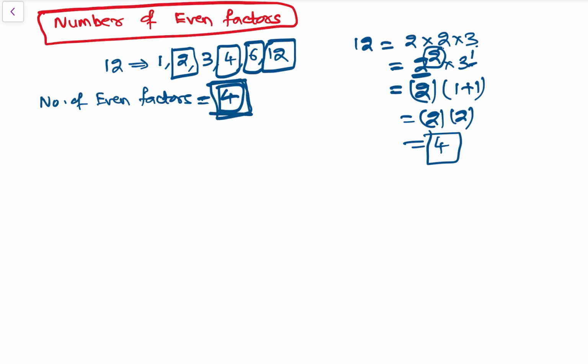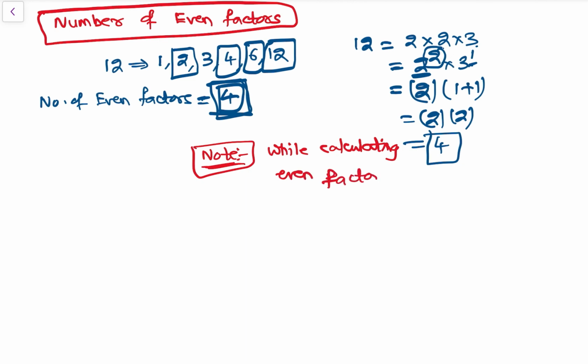So one note you need to write is, ठीक है, while calculating even factors, we keep even number's power as it is. ठीक है, that is only 2 is an even prime, right?